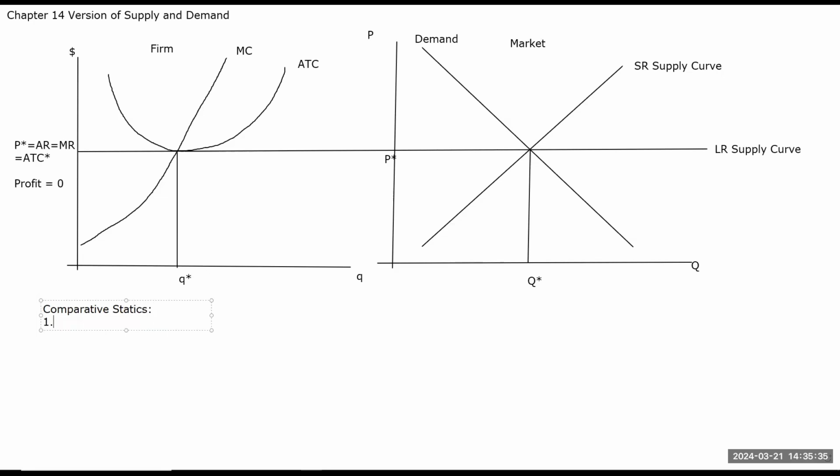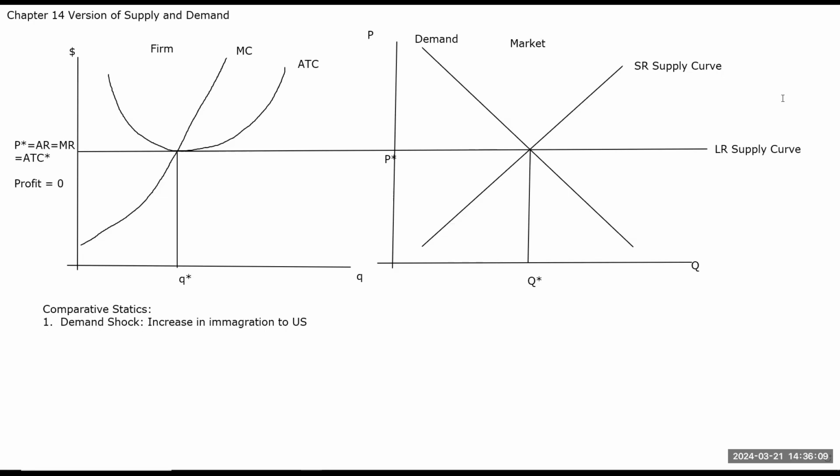The first thing we're going to do is study a demand shock, something that shifts the demand curve, for example, an increase in immigration to the U.S. If we have an increase in immigration to the U.S., the first thing that's going to do is affect demand.